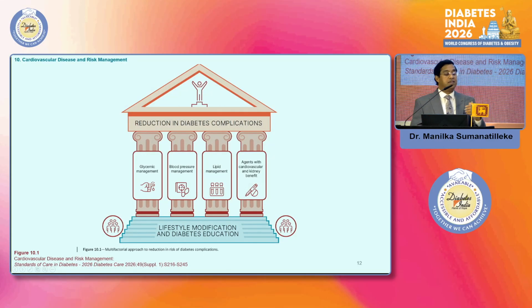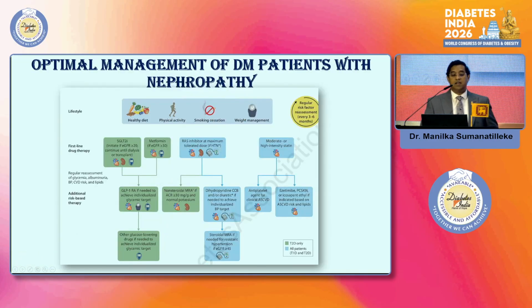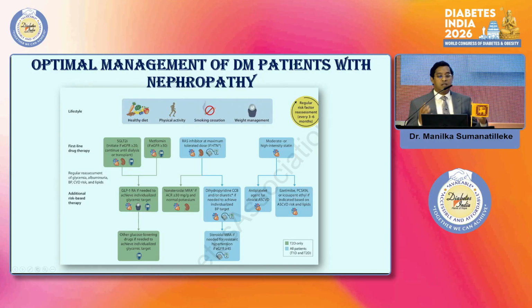These are the 4 pillars that I was talking about in reduction of diabetes complications in patients, and of course, when it comes to treating patients with nephropathy, this slide will summarize all the measures that you should take. As I have said before, you have a choice, you can start with metformin, SGLT2 inhibitor, GLP-1 receptor agonist, then other medications to control the sugar.